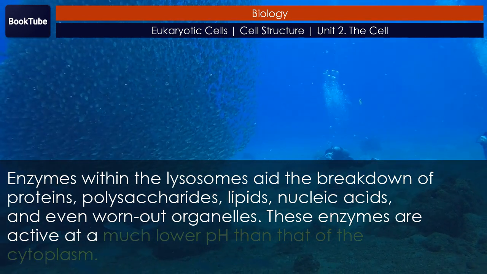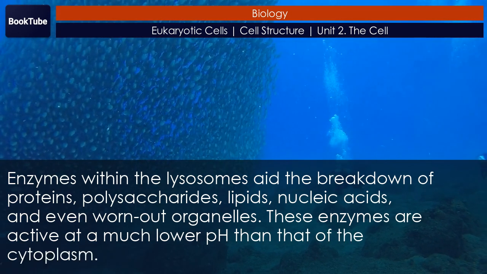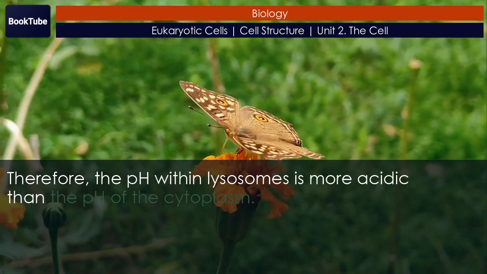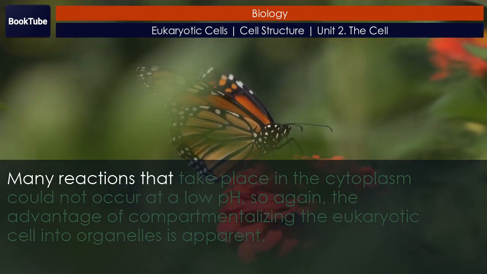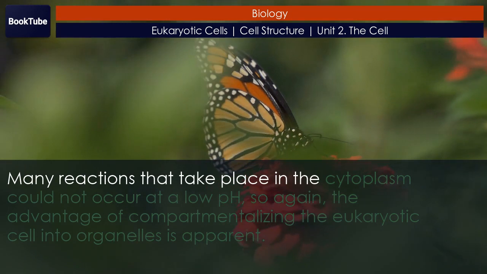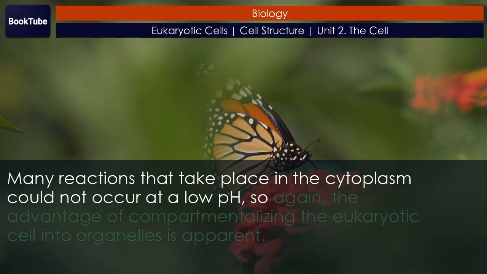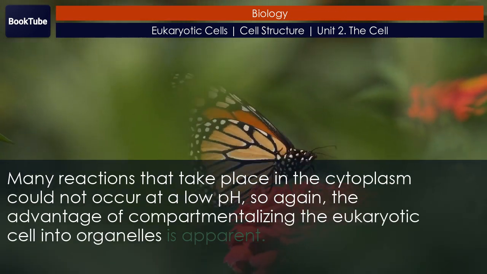These enzymes are active at a much lower pH than that of the cytoplasm. Therefore, the pH within lysosomes is more acidic than the pH of the cytoplasm. Many reactions that take place in the cytoplasm could not occur at a low pH. So again, the advantage of compartmentalizing the eukaryotic cell into organelles is apparent.